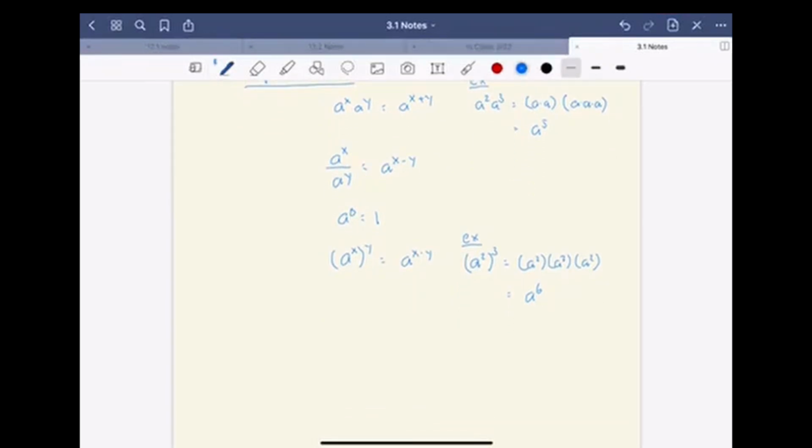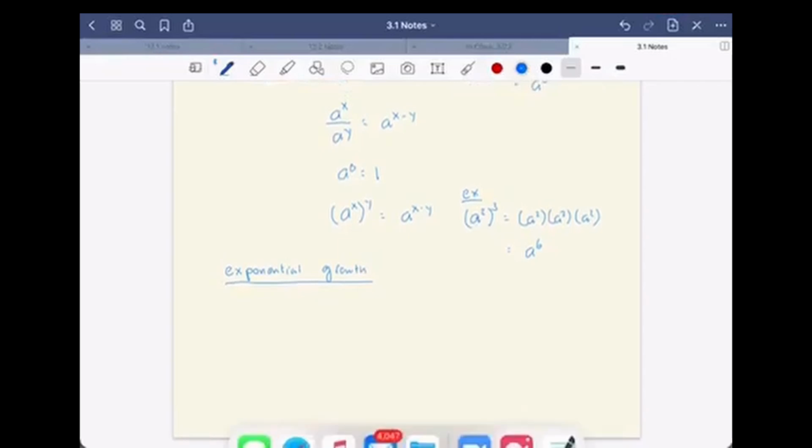Now, let's take an example of an exponential function. For example, y equals 2 to the x. So this could be, say, a quantity y that doubles with every x.